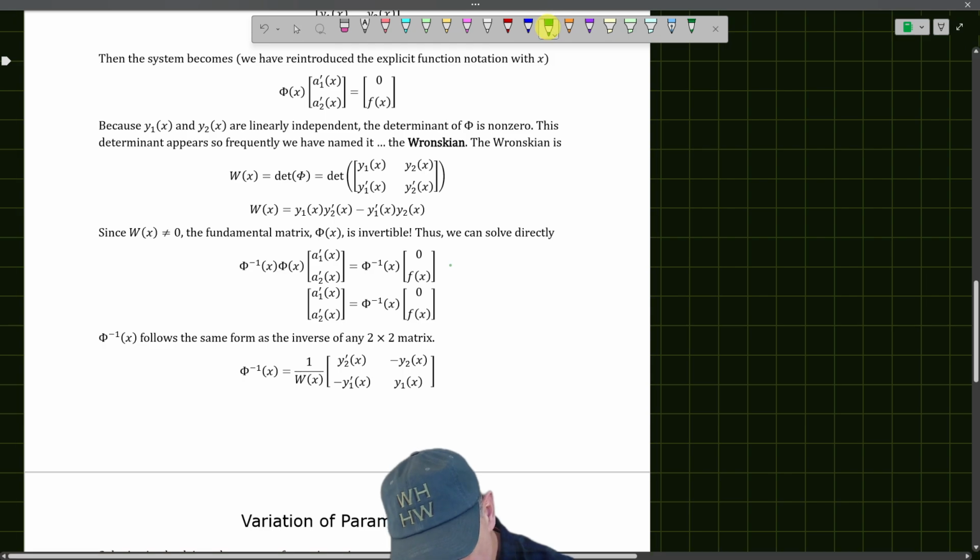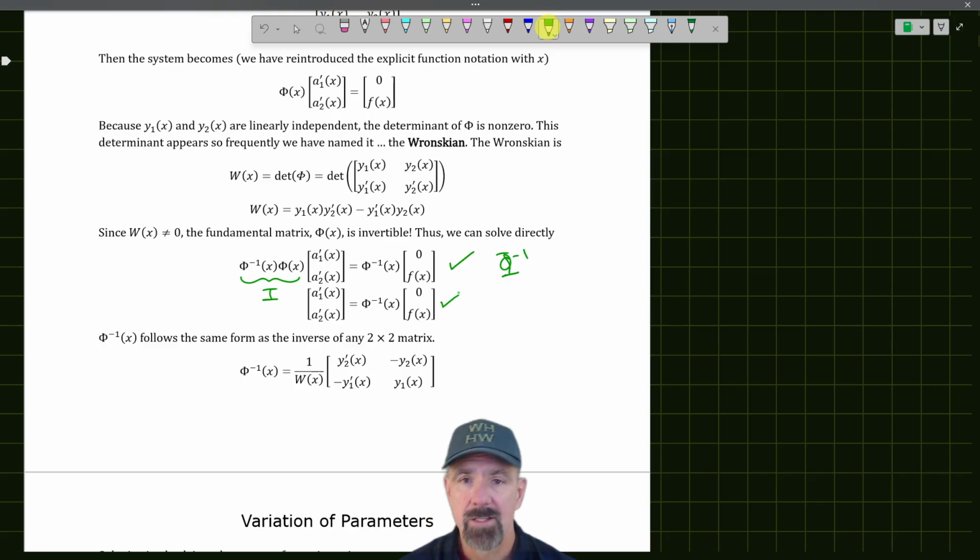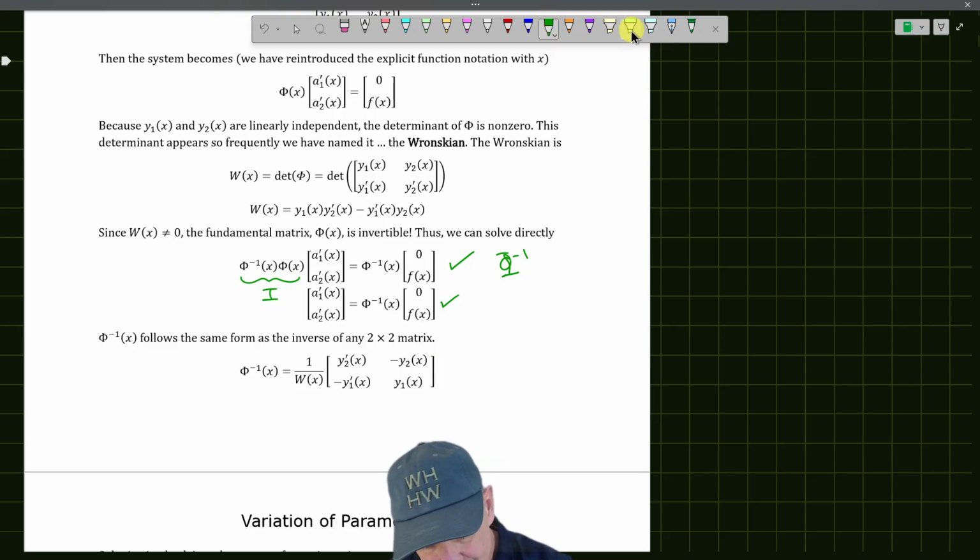So what we have here is the application of phi inverse to both sides of the equation. And of course, phi times phi inverse is just the identity matrix. And that leaves us with a system where a1 prime and a2 prime are readily available.